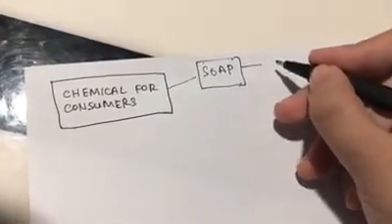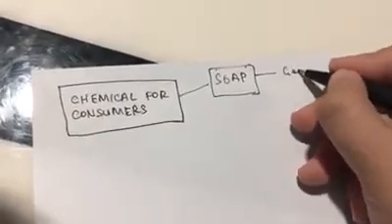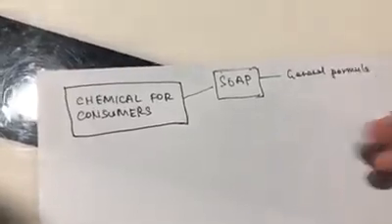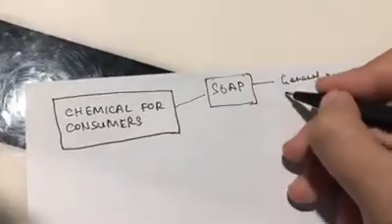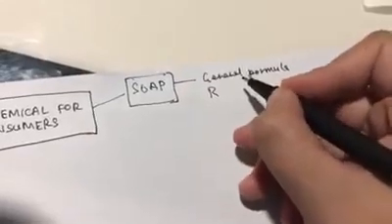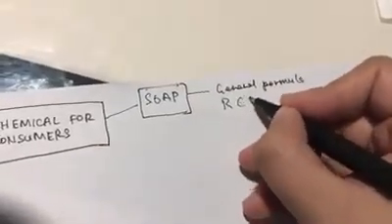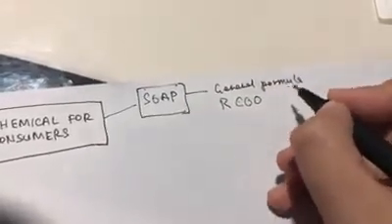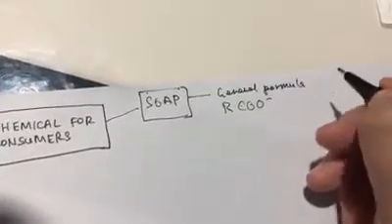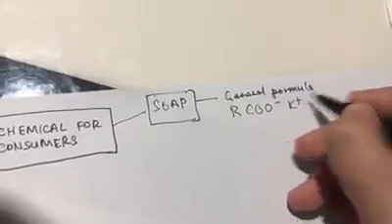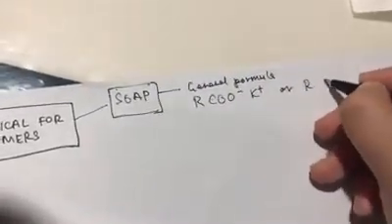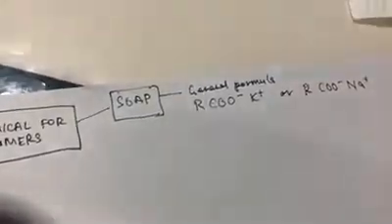It's what we use to clean our hands, to bathe, but today we want to look at it from a chemistry point of view. So the general formula of soap is basically as written here, RCOO minus with either potassium ion or sodium ion.